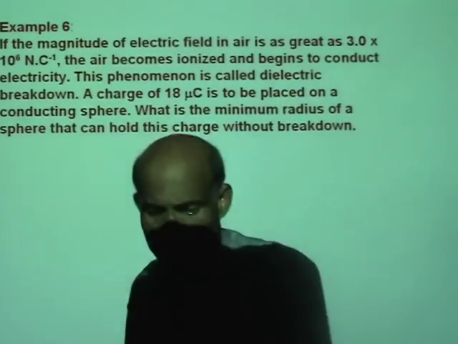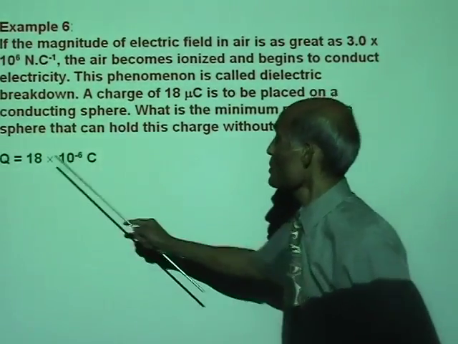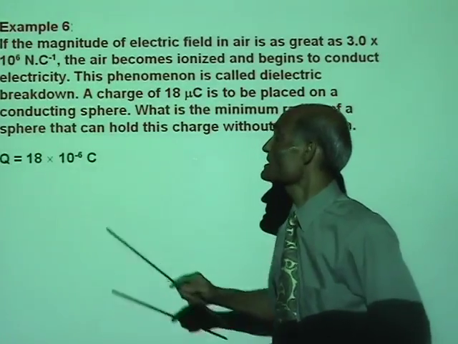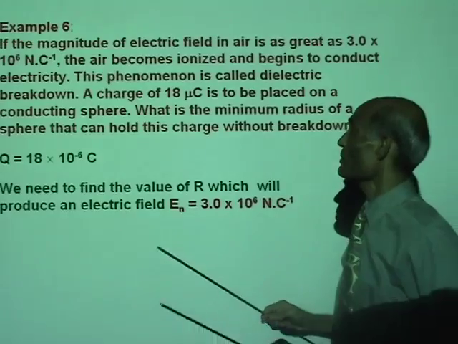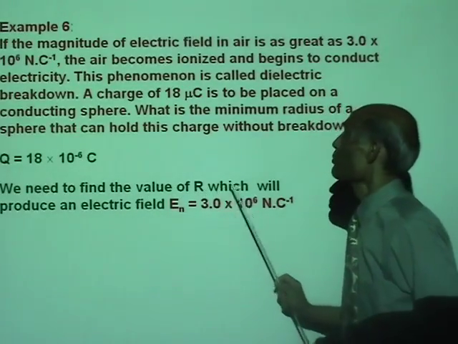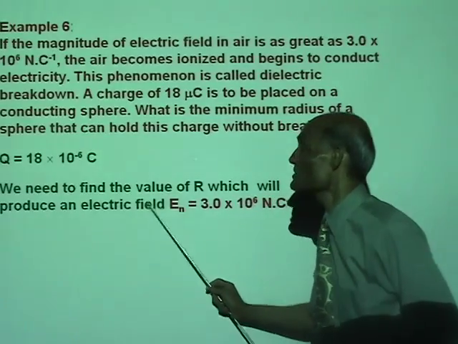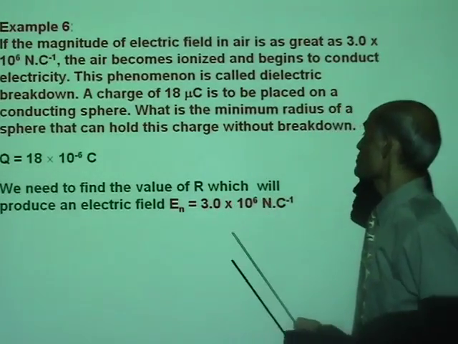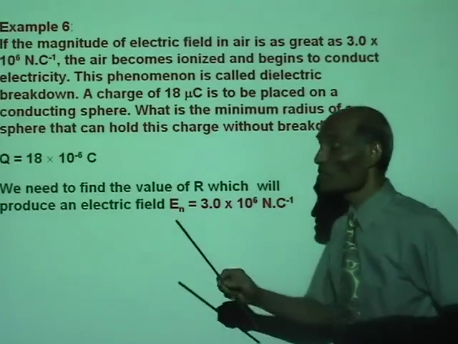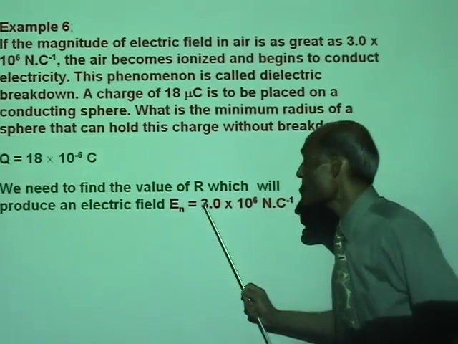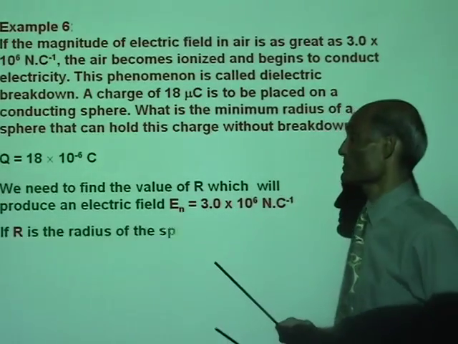Okay, let's do that now. The amount of charge is 18 microcoulomb, 18 times 10 to the negative 6 coulombs. We need to find the value of R, which will produce an electric field equal to 3 times 10 to the 6 Newton per coulomb. In other words, it will not produce an electric field greater than that. This is the maximum electric field it will produce.